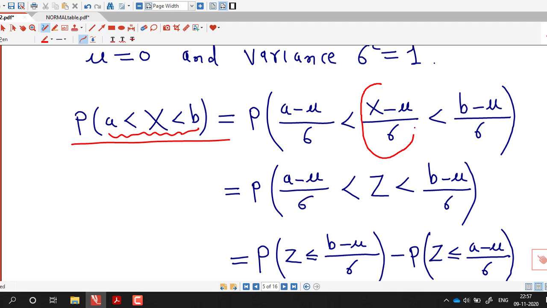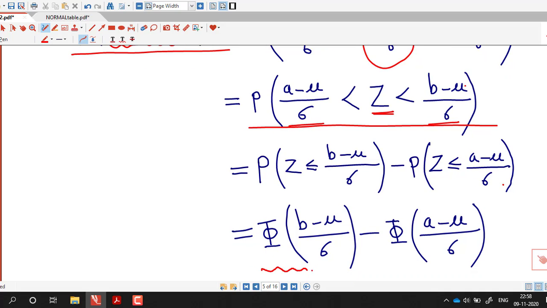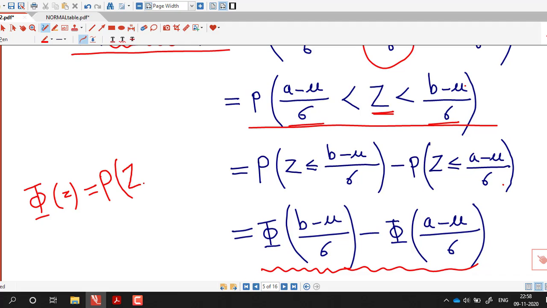Now this middle term is nothing but the standard normal random variable z, and we keep the other two as they are. So this probability is nothing but probability that z is less than or equal to b minus mu over sigma minus probability that z is less than or equal to a minus mu over sigma. We can rewrite this in terms of the CDF of z as phi of b minus mu over sigma minus phi of a minus mu over sigma, because we know that phi of z is nothing but probability that z is less than or equal to small z.